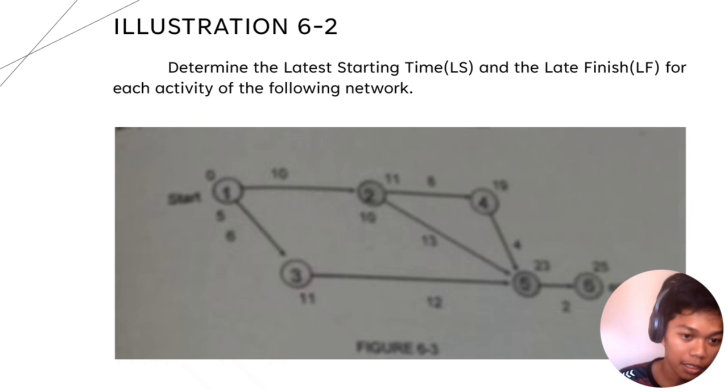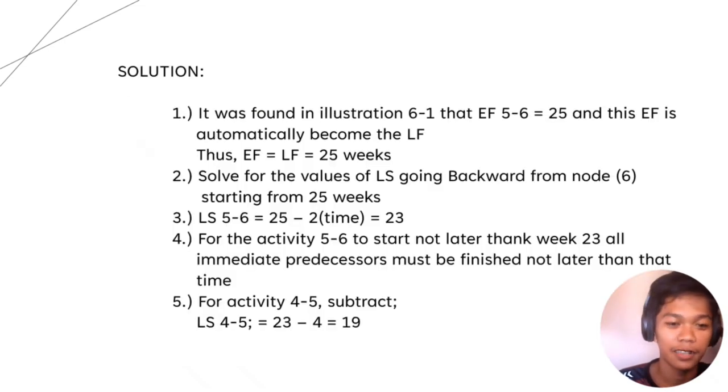For the start, we have 10 and 6, then 8, 13, 12, 4, and 2, with the event times 23 and 25, and the last is the end node. So we go to another slide.